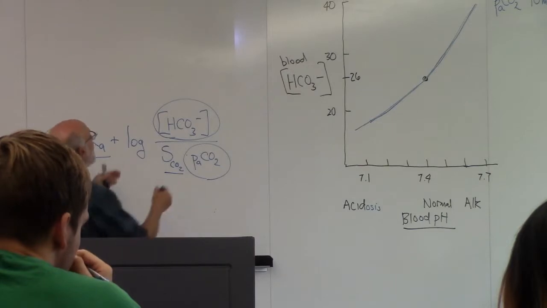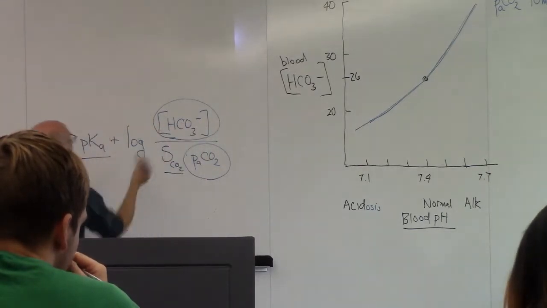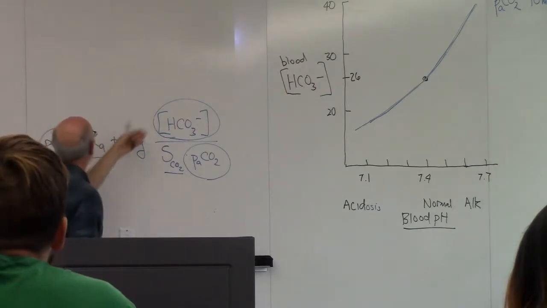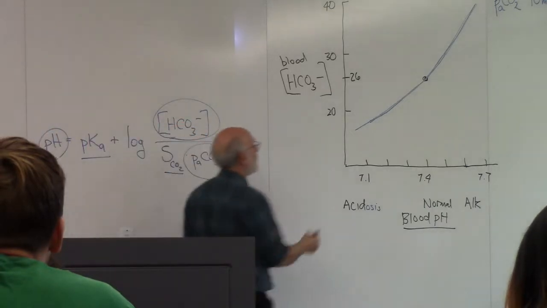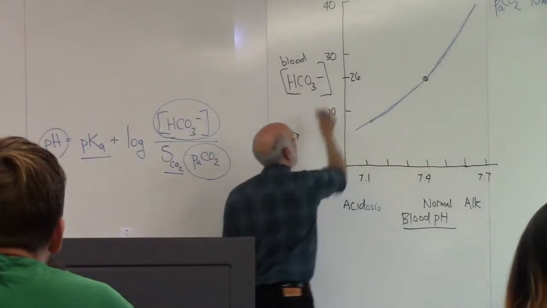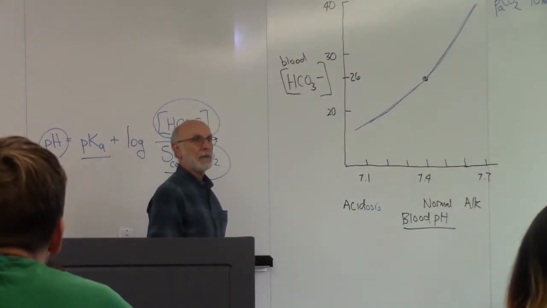Okay, well let's do it the other way. If the bicarbonate concentration goes down, then by just plugging in a lower number here, we're going to get a lower number here, and that's acidosis. So there's a relationship between acidosis and low bicarbonate at a given PCO2.